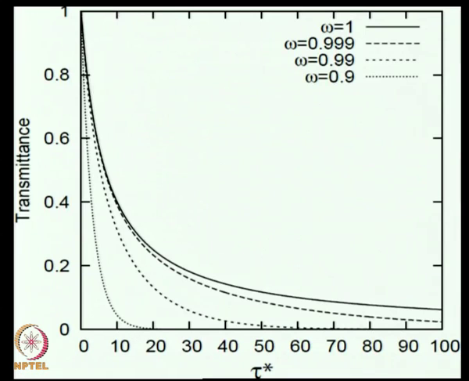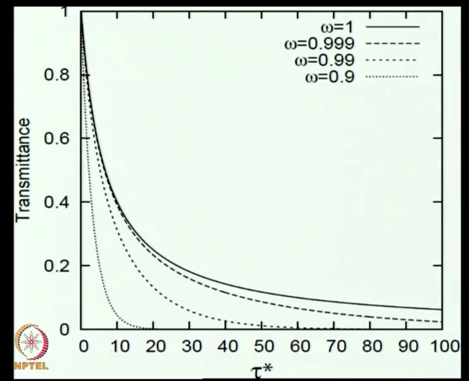This is not surprising, because at 0.9 there is a lot of absorption going on. So, naturally the transmittance rapidly drops to 0 by the time you get tau star of 10, while in the case of the single scattering albedo being 0.999 or 1, the absorption is not playing much of a role.